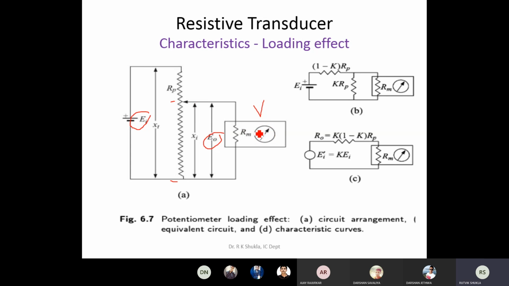This is a voltmeter which has an internal resistance called Rm, and the deflection is denoted by the pointer, which displaces with respect to the fixed position. Now in this case, we want to see the effect of this Rm over the entire measurement process. That is what our task is.